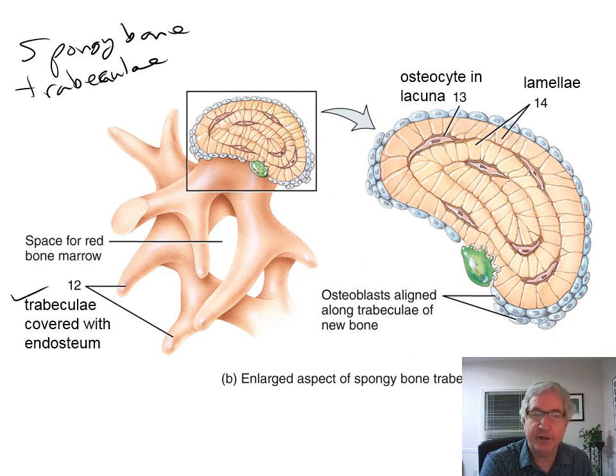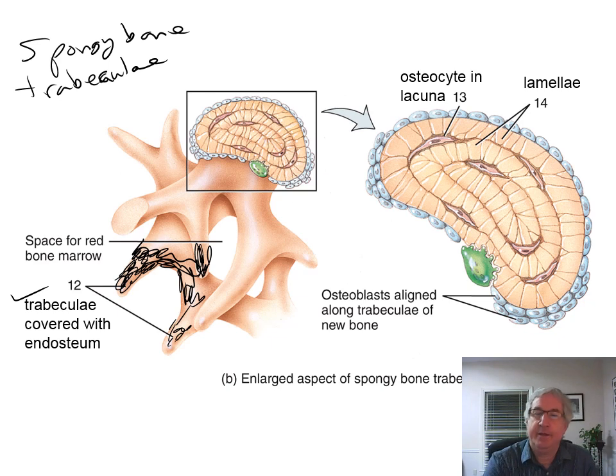They're covered with endosteum, so there's endosteum all over the top of these, all around them. So you have connective tissue covering all of the spongy bone, and it makes a whole layer around it. I drew it as little squiggles, but just think of it as going all the way around. It wraps all the way around the trabeculae.